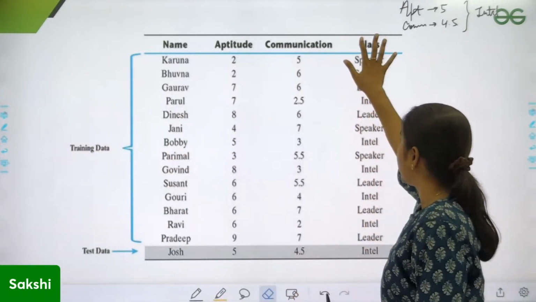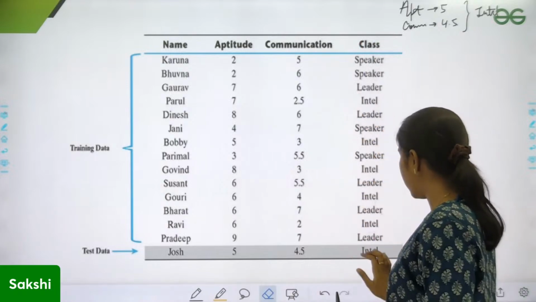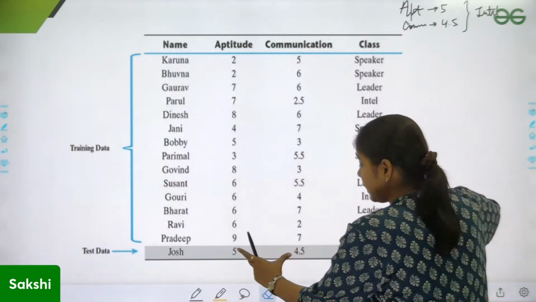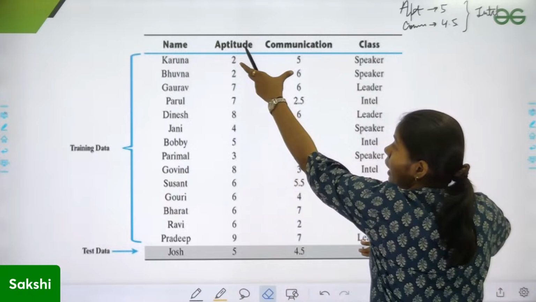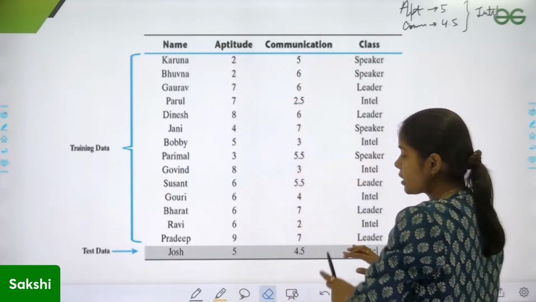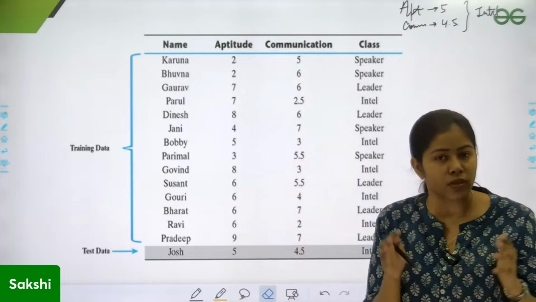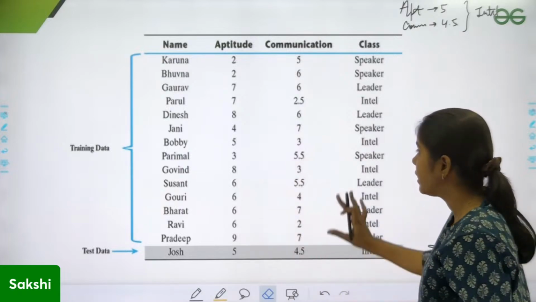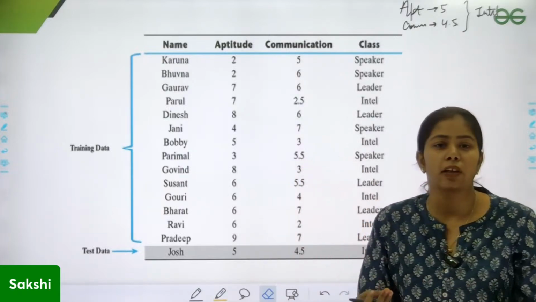Let's suppose we do not have this intel category. So what would I do? I'll take this 5 and 4.5. I'll find out the distance with Karuna, Bhuvna, Gaurav, Parul. I'll find out the distance with each of the points, and I'll see the closest neighbors. Let's suppose I'm deciding the value of k is 7.